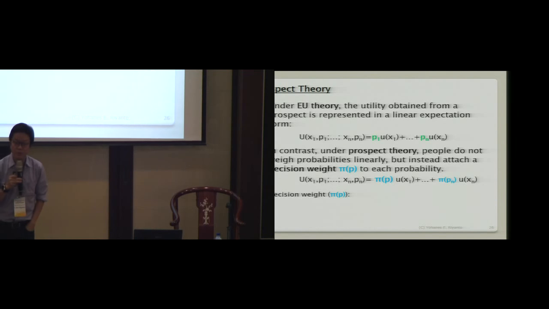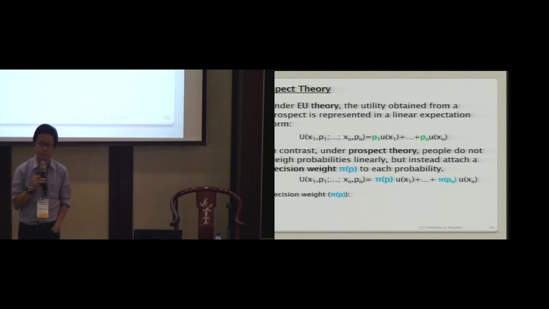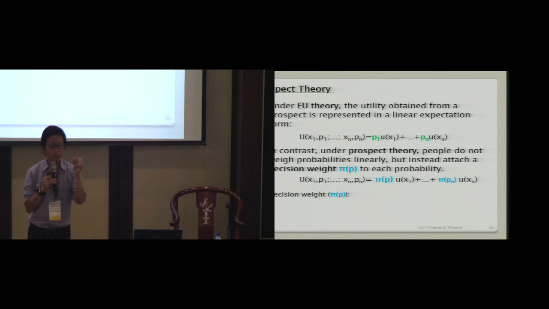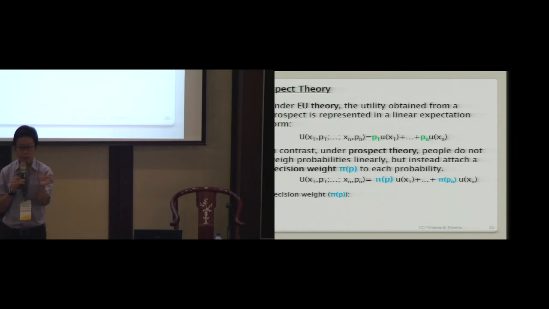But do you value these two equally? No, because from 10 to 20 doesn't really give you a much stronger feeling. But from 90 to 100, that's a big thing because it becomes certain you get $1,000. So that's the importance of the decision weight. Depending on where you are in terms of probability, you put different weight to that.